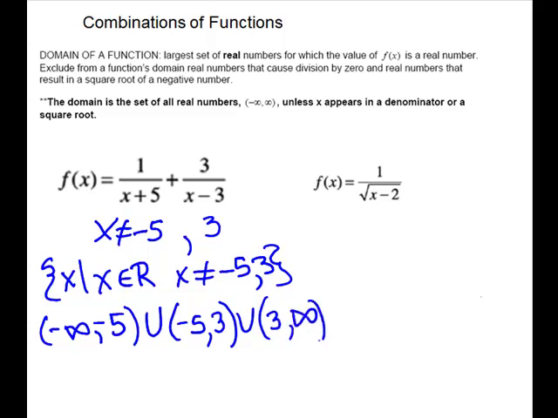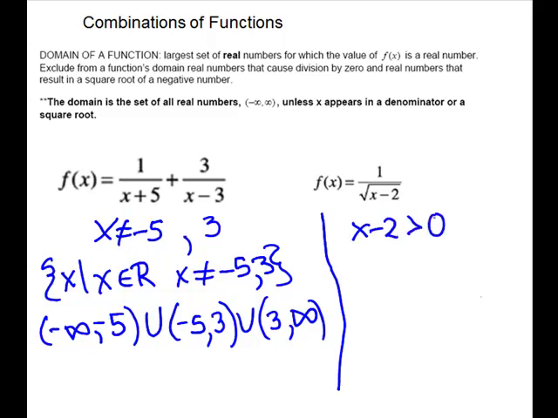For our next one, we have a radical and it's in the denominator. So the first thing is under the radical, this would have to be greater than or equal to 0, but square root of 0 would be 0, so we don't want that one. So we're going to have to just do x minus 2 greater than 0.